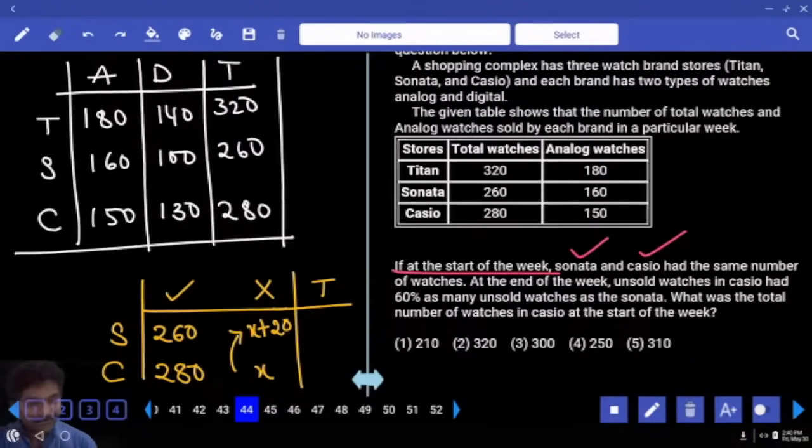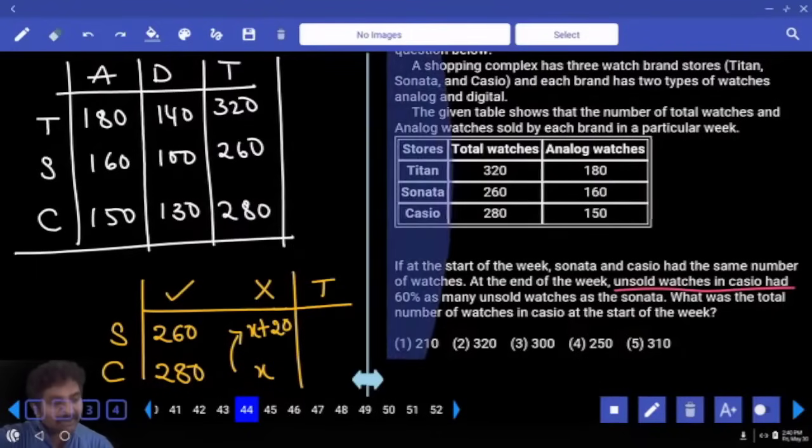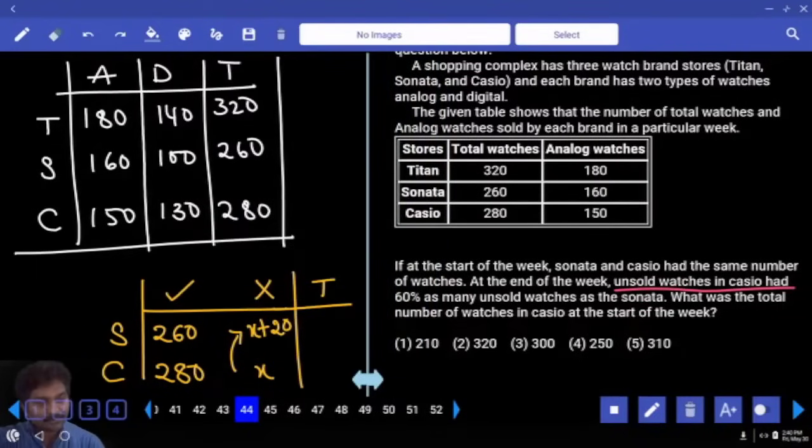Got it? Now, in unsold items, which company has more watches? Sonato. How many more? 20 more. Unsold watches in Casio had 60% as many unsold watches as in Sonato.